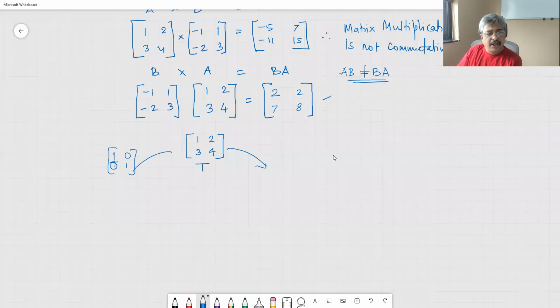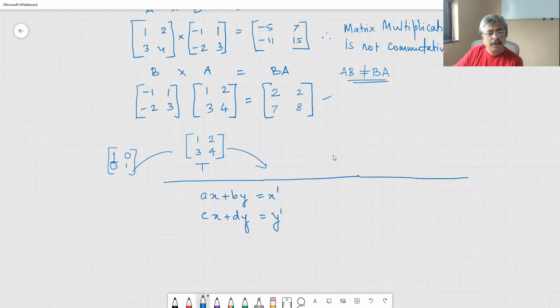Let us take it in general. Say ax plus by is equal to x dash, cx plus dy is equal to y dash. This is one system of simultaneous equations. And the second system of simultaneous equations is Ex dash plus Fy dash is equal to x double dash, and Gx dash plus Hy dash is equal to y double dash.